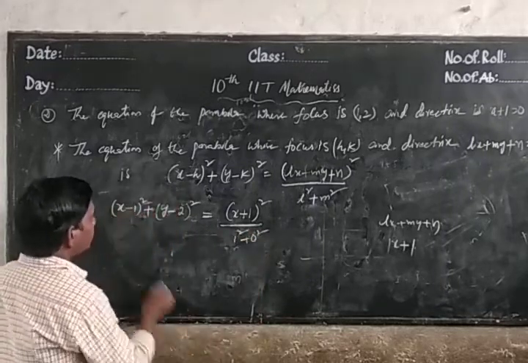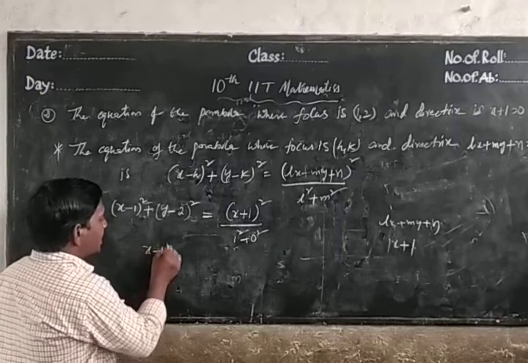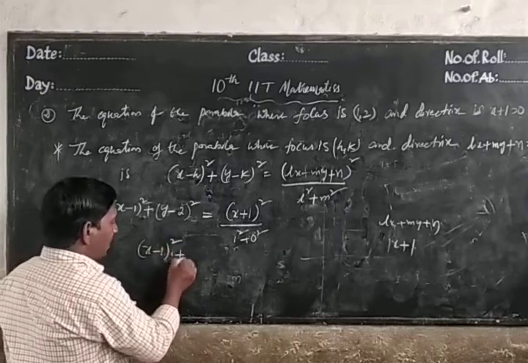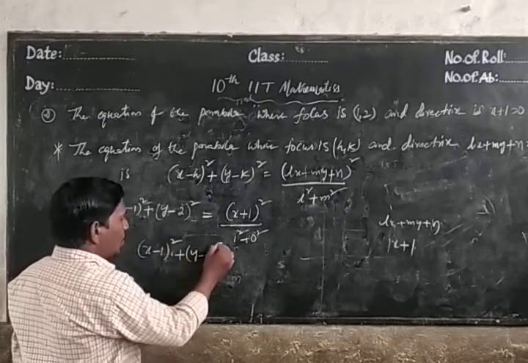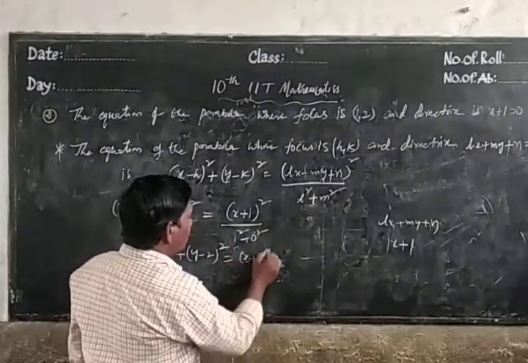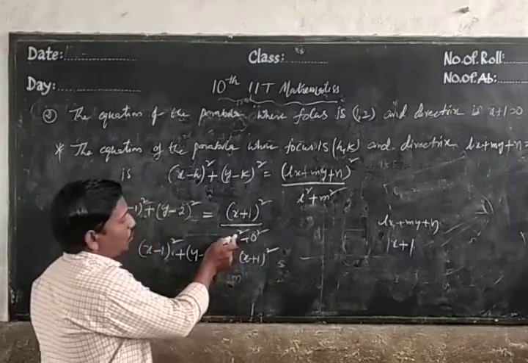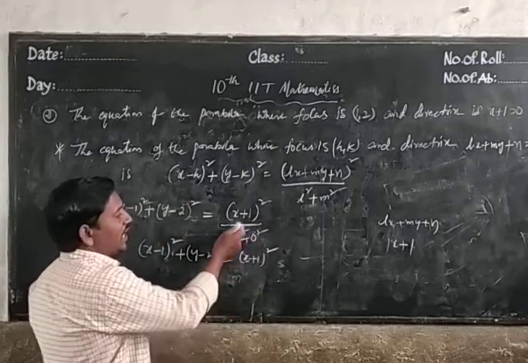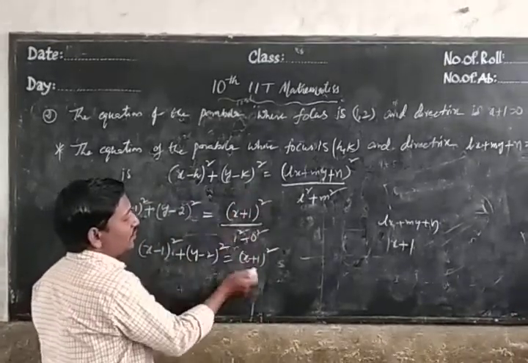So (x minus 1) whole square plus (y minus 2) whole square equal to (x plus 1) whole square by 1 square plus 0 square, which is 1. (x plus 1) whole square by 1 means (x plus 1) whole square.